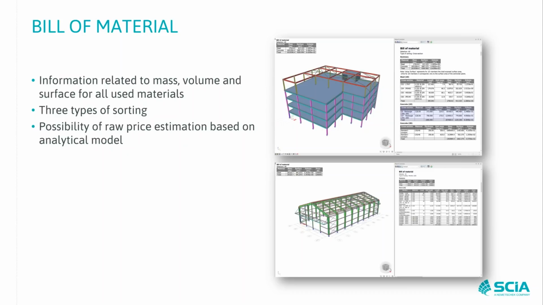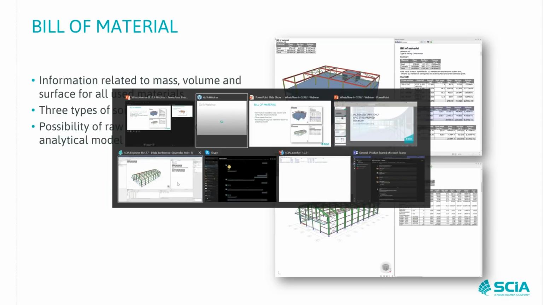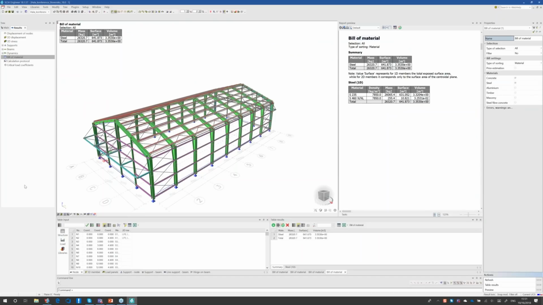I will switch to SCIA Engineer. I hope you can see my SCIA Engineer with the model of the steel hull. The basic and default type of sorting is sorting according to the used materials.